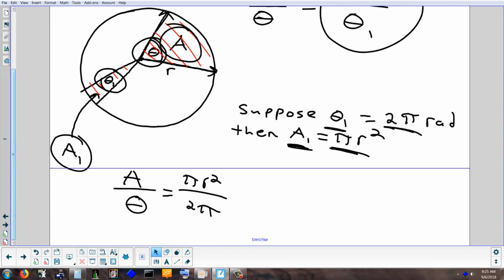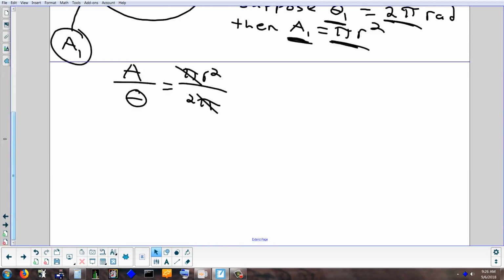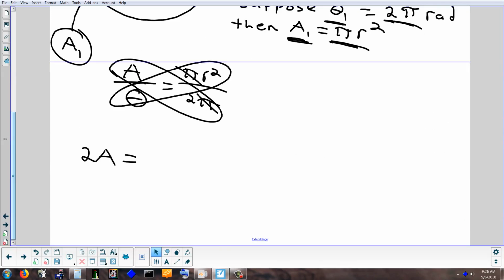Now, before I cross multiply, there's actually something I can reduce on the right-hand side. What cancels out there? The pi. Pi is gone. Okay, so all you're left with is a times 2, which we would normally write that way, 2a, equals theta times r squared.